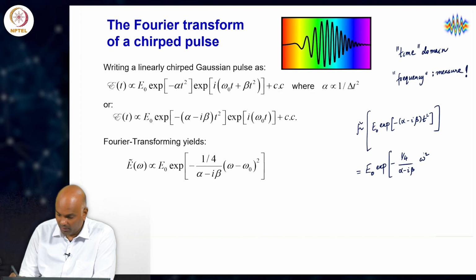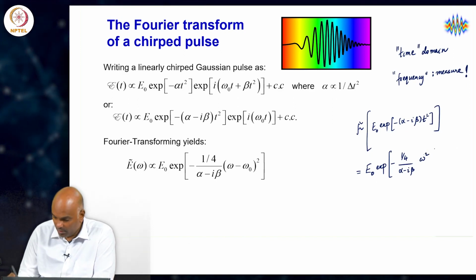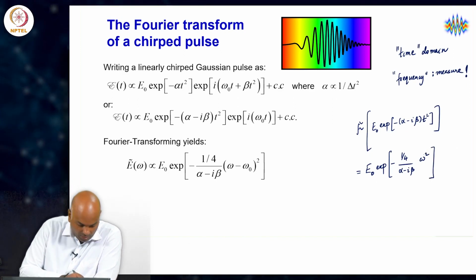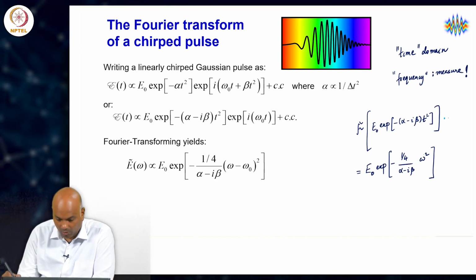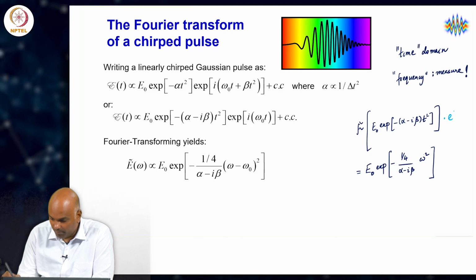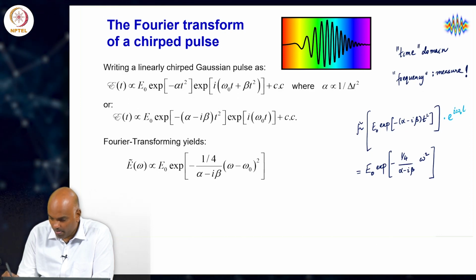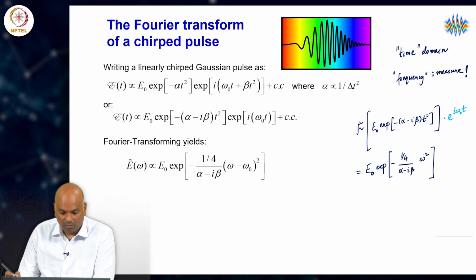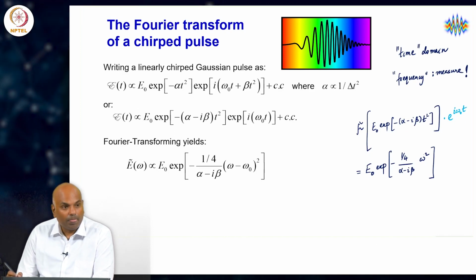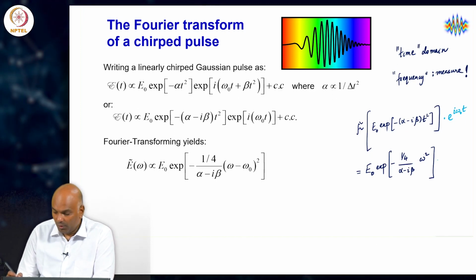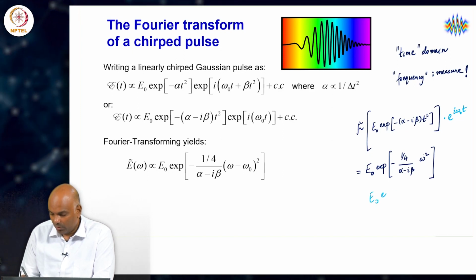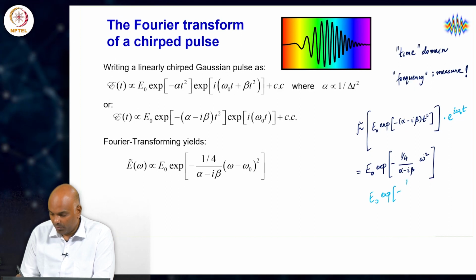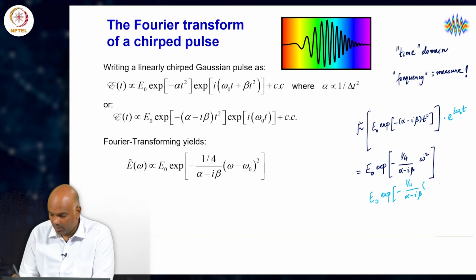So, maybe I should, yeah, let me write it like this. If I indeed had, on account of the kind of expression that I am taking into consideration over here, exponent of I omega naught, I would have had instead of this, or the Fourier transforming process yields us alpha minus I beta.